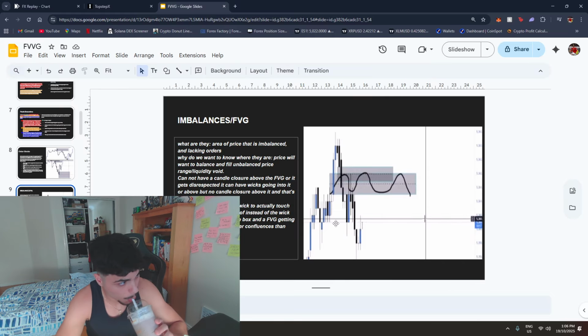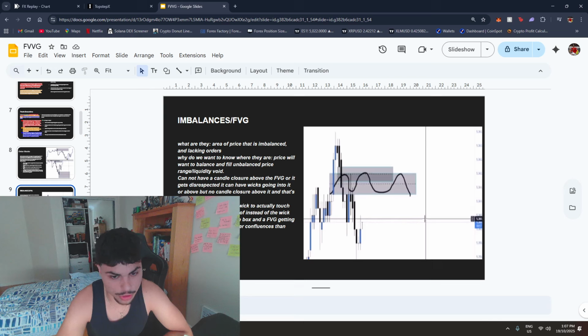So basically a fair value gap is an area where price is lacking orders that need to be filled in. Why do we want to know where they are? Because price will typically want to fill that imbalance and balance out price.